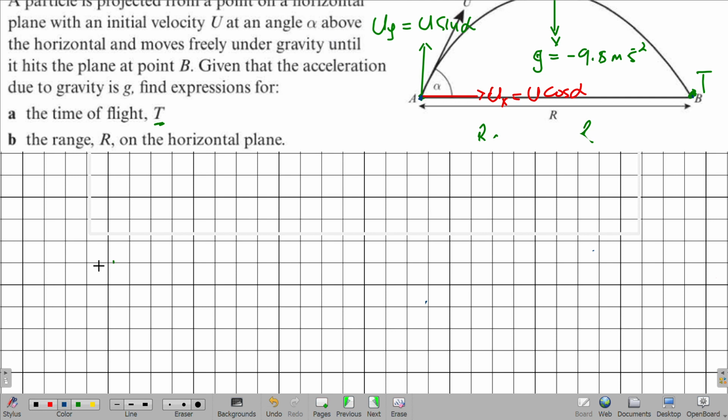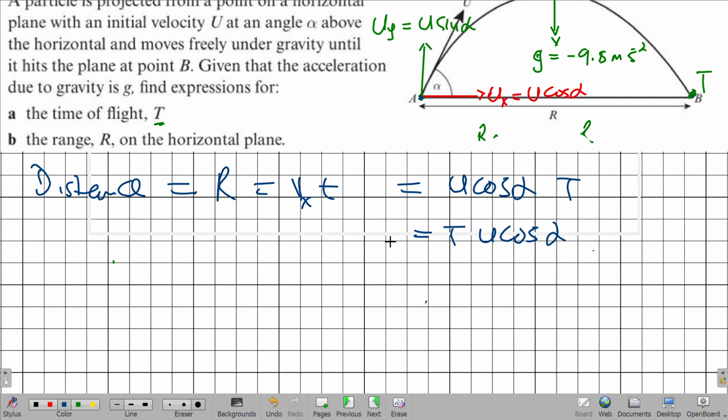We know that speed is velocity horizontally times time, so that means this is not speed, actually this is distance. This is going to be distance, which I can call R, equal to velocity on the horizontal times T, which is u cos alpha T, which is just Tu cos alpha.